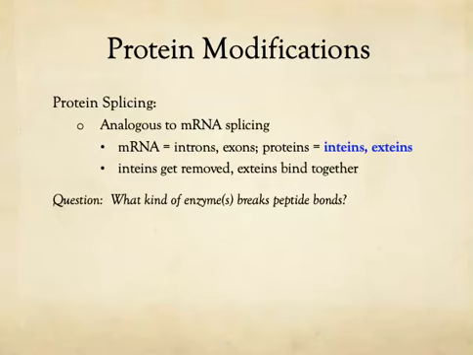So yes, peptidases are a family of enzymes that are capable of breaking peptide bonds. There is another large family of enzymes called proteases that are also capable of breaking peptide bonds. Proteases and peptidases.